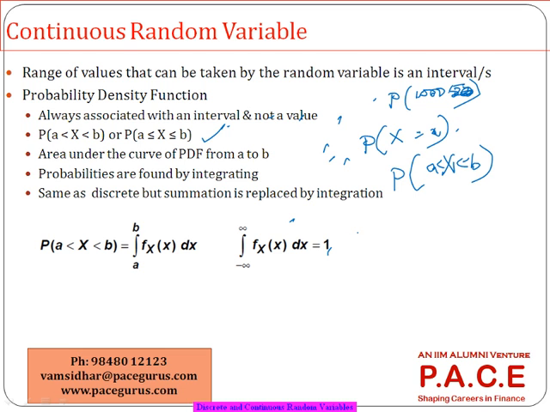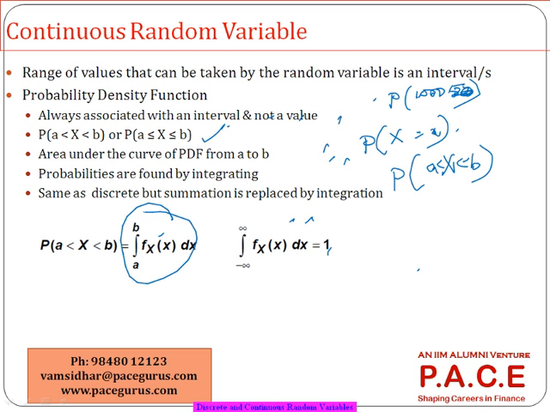We will talk about an interval. To arrive at that probability, we take the probability curve and integrate it over the interval.